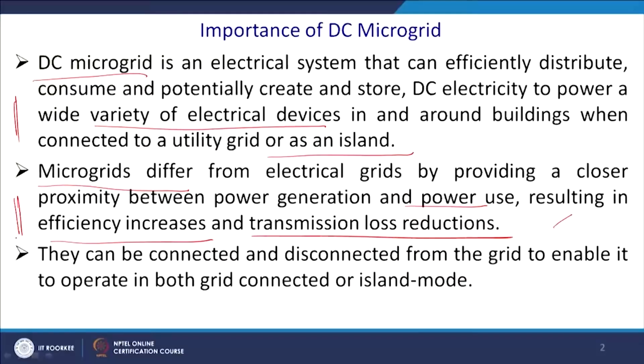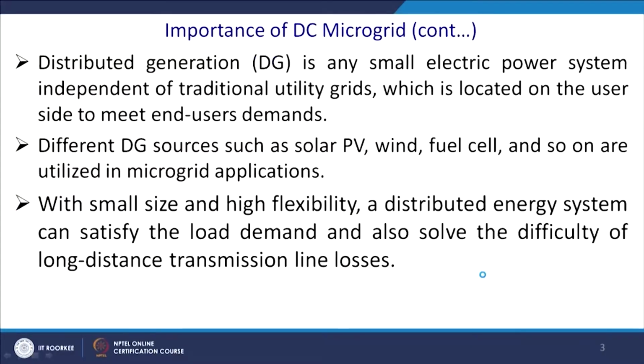But since this space is no longer existing, you have the potential to reintroduce DC, and they can be connected or disconnected from the grid to enable operation in both grid connected and islanding mode.